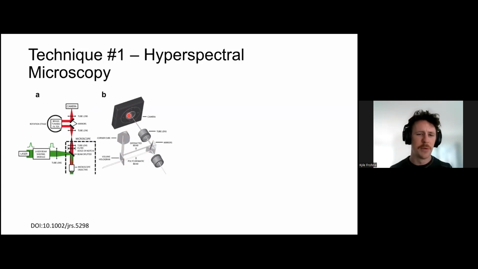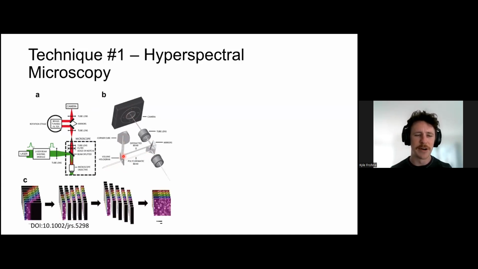What this means practically for your images is that for a given angle of the Bragg grating, you will see the image of your sample, but superimposed on top of that image, you will have a dispersion of wavelength across the x-axis.